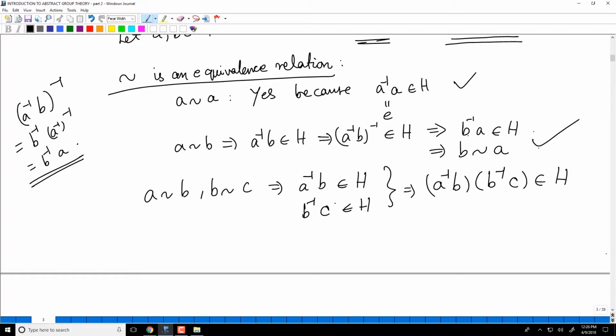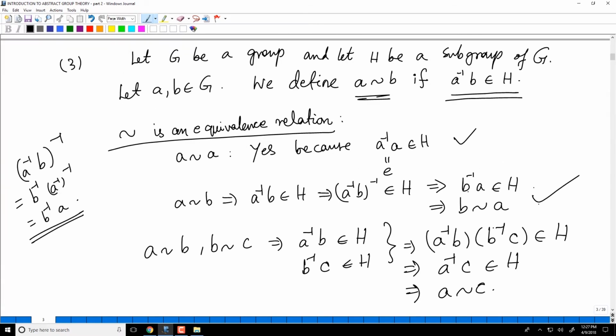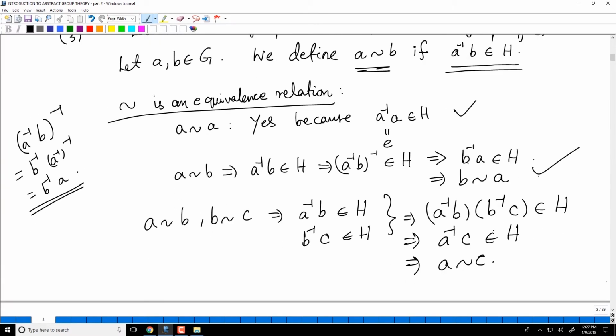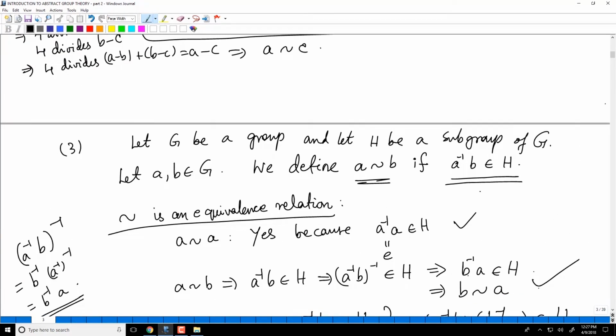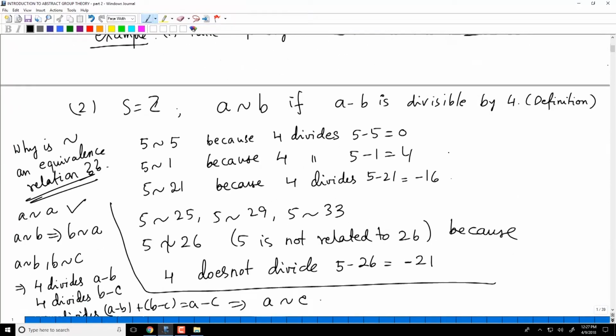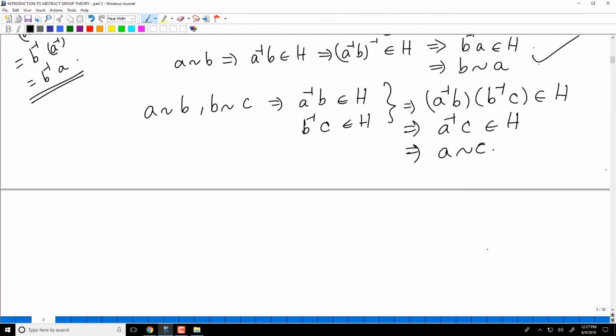So their product A inverse B times B inverse C is in H, but that means A inverse C is in H, because that is the product. That means A is related to C. So this is an important equivalence relation, and this is something that we will explore in great detail later. So I looked at 3 equivalence relations on sets.